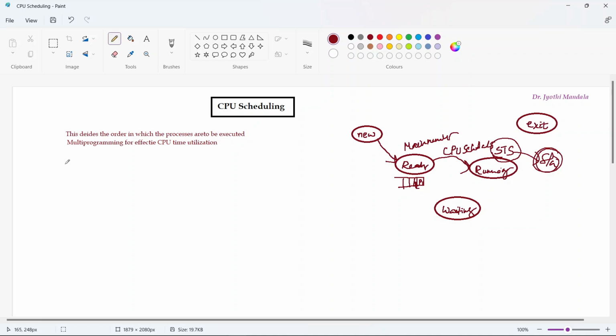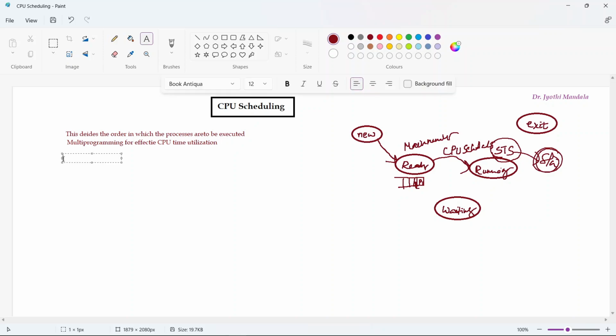Now what are the different situations we have? When the CPU scheduler, or whatever scheduling algorithm we are going to learn in future, is used, it works in the following situations. Note down the situations, all of you. So the CPU scheduler is used in the following situations.